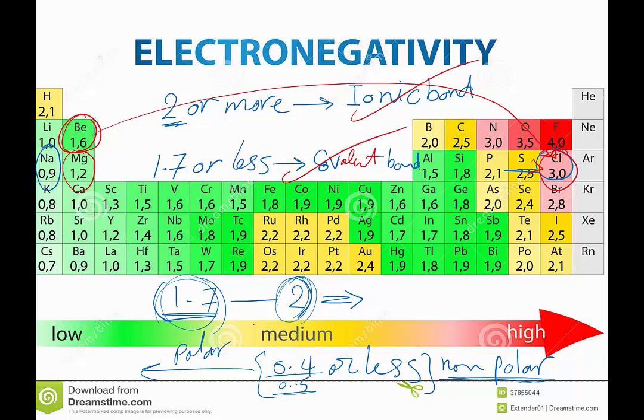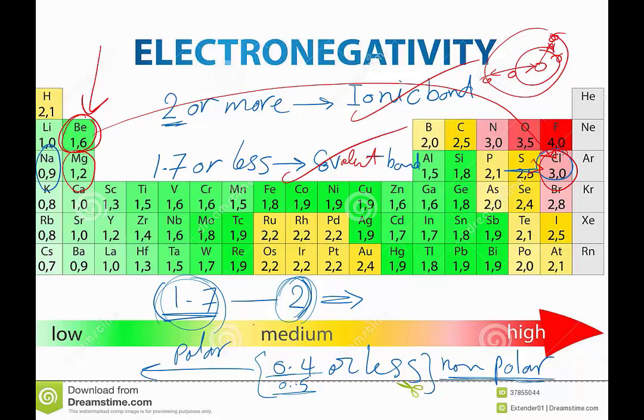Because beryllium has a strong nucleus. The strong here means the electrons are close to the nucleus. The electrons have two levels. The first level has 2 electrons, and the second level has 2 electrons. So the outermost electrons are close to the nucleus, so the nucleus is able to pull them.